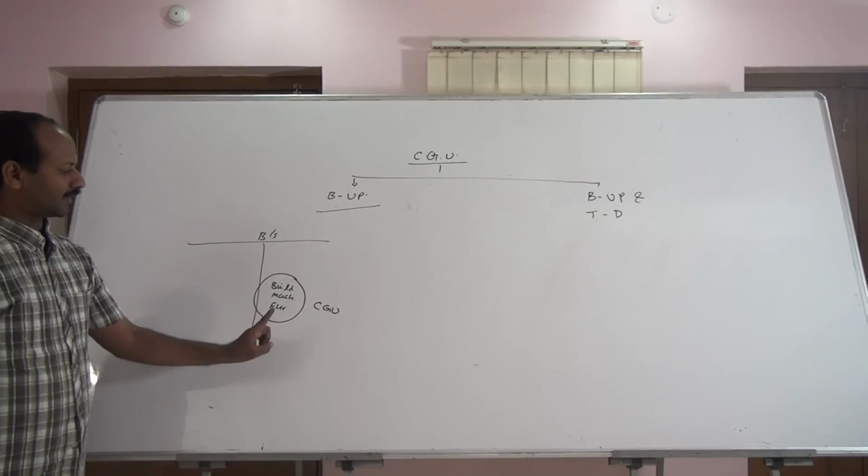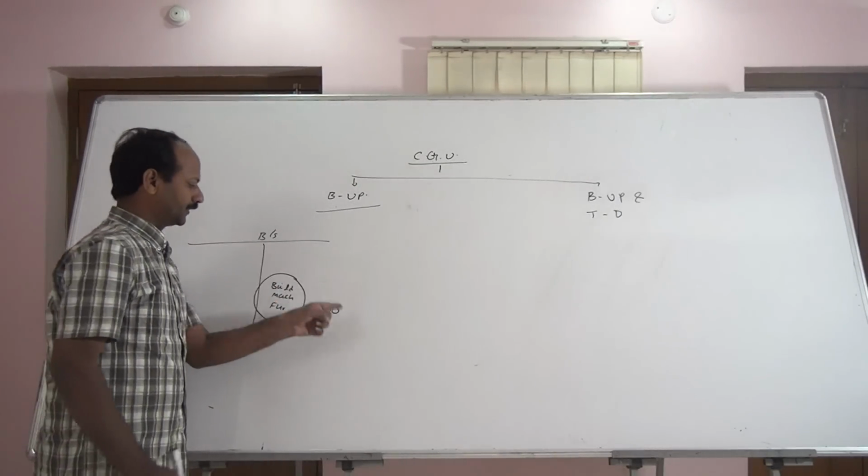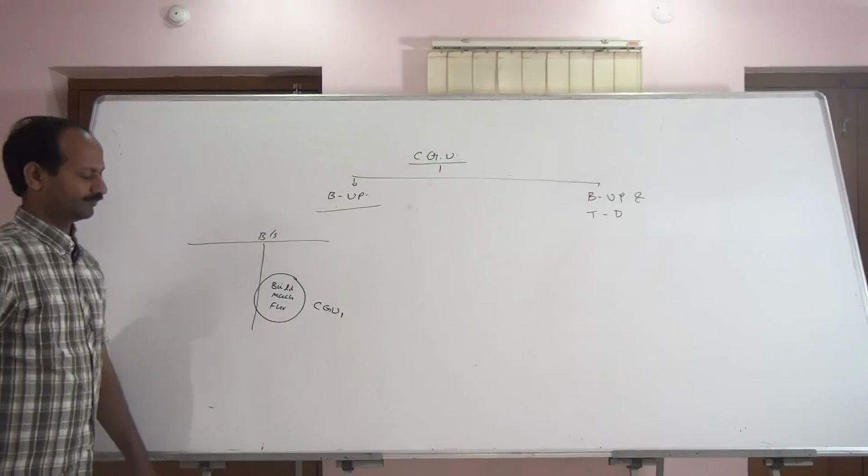These three assets are cash generating unit, say, 1.